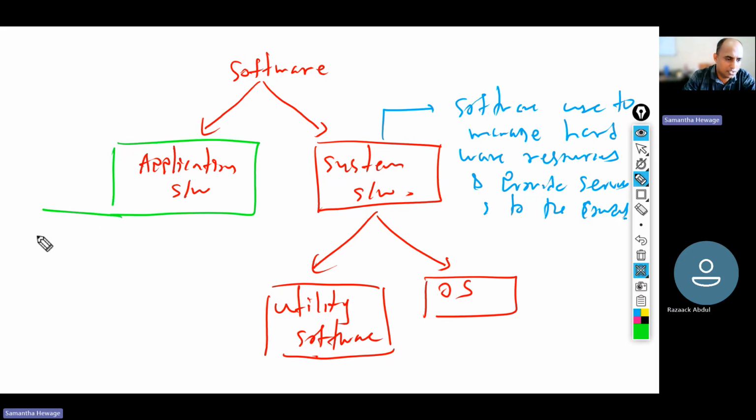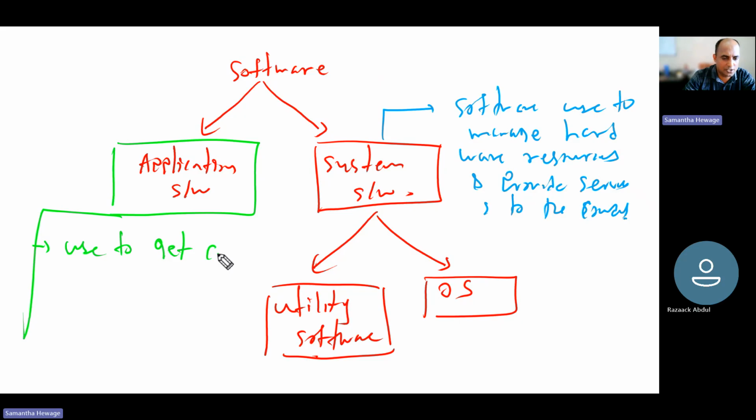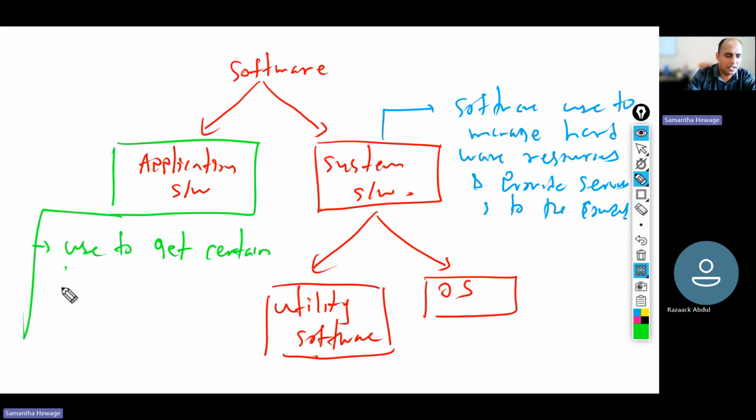Application software means software used to get certain tasks done only.